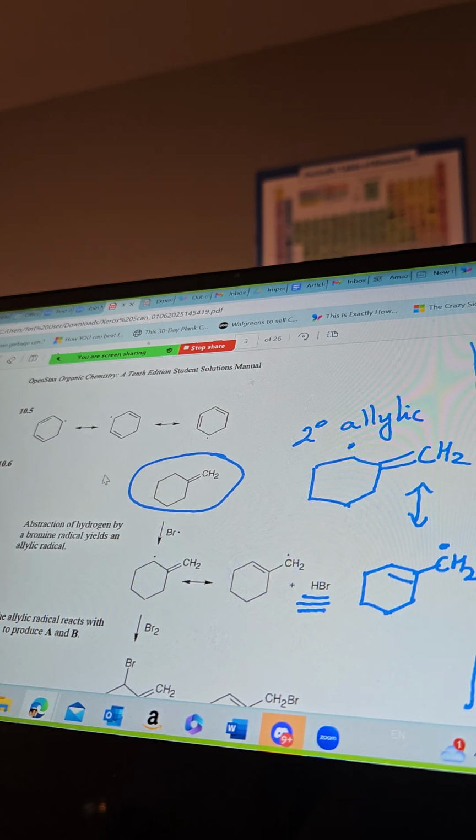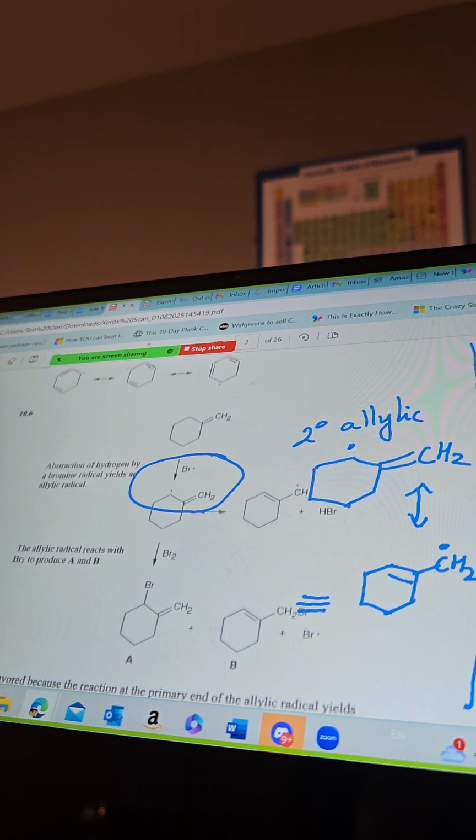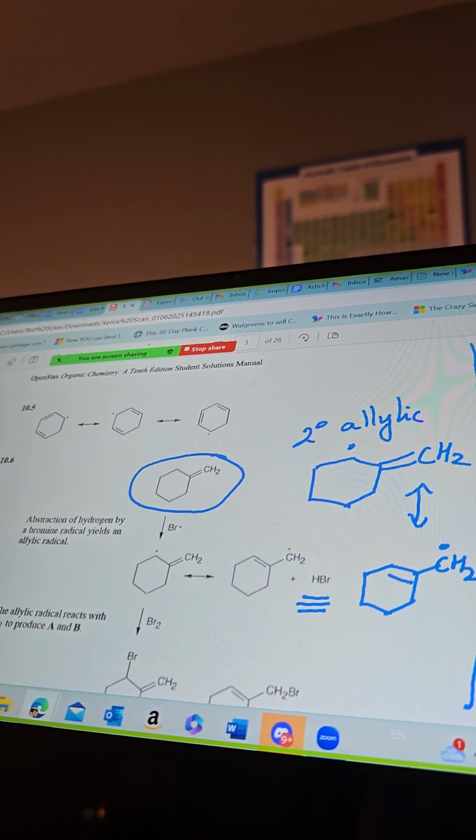So when you write the mechanism, in step number 1 of the propagation stage, I'm using just RH for now, the halogen radical takes a hydrogen atom and creates an organic radical.